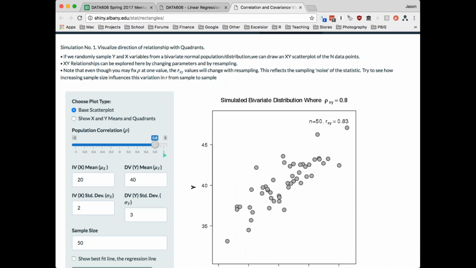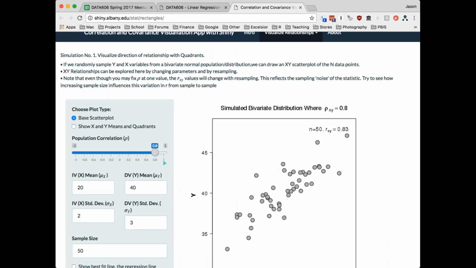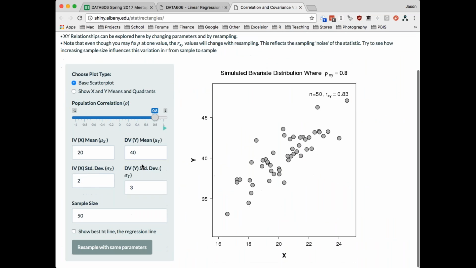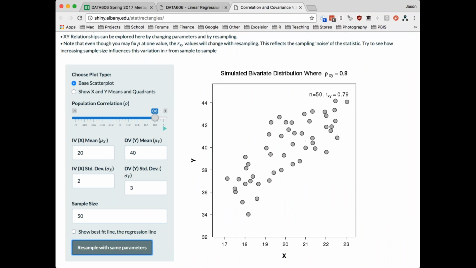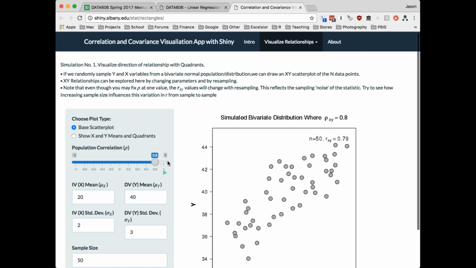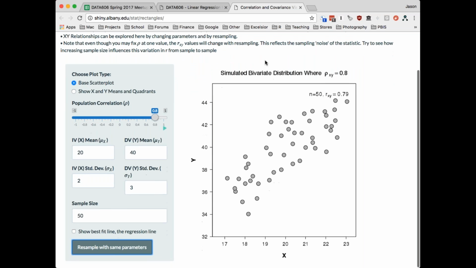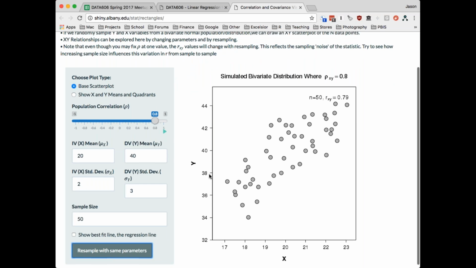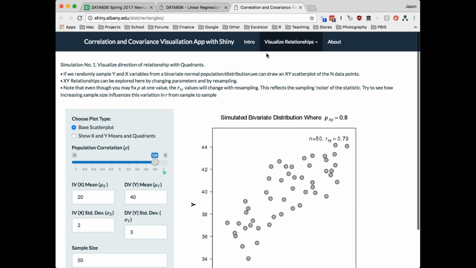You can simulate a bunch of data and resample to get a bunch of them. You can change the correlation, but for demonstration purposes we'll keep the correlation pretty strong at a positive 0.8. And this is just the distribution, and you can play around with that.